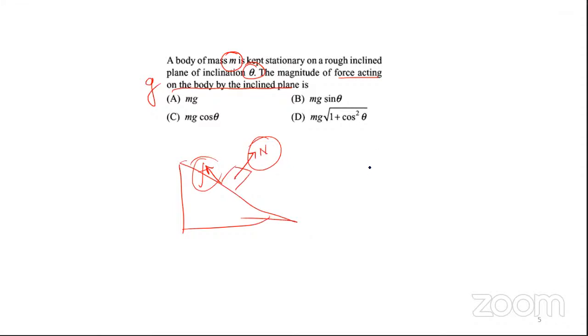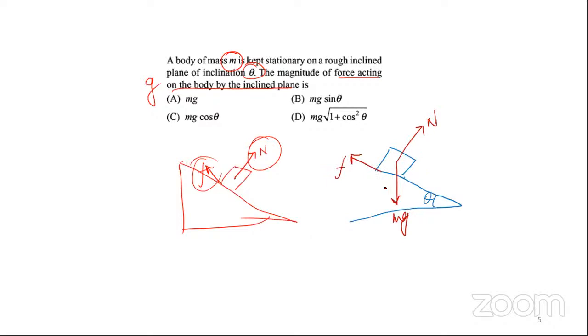So let's make the FBD of this block. Suppose this is my block and this is the inclined plane with theta. So what are the forces acting over it? There is an mg downwards, normal force at an angle, and a frictional force over here.